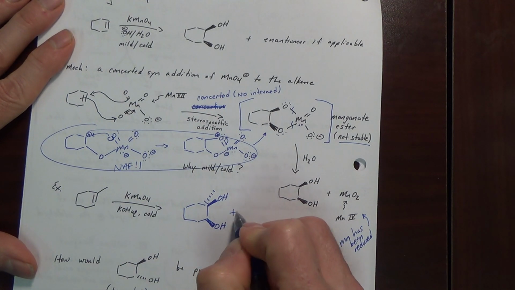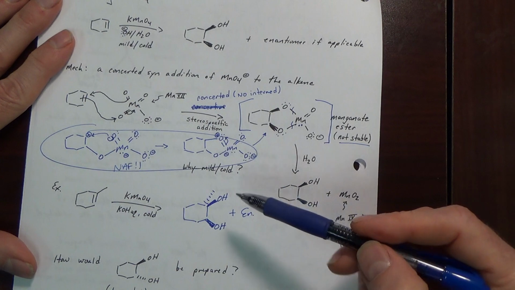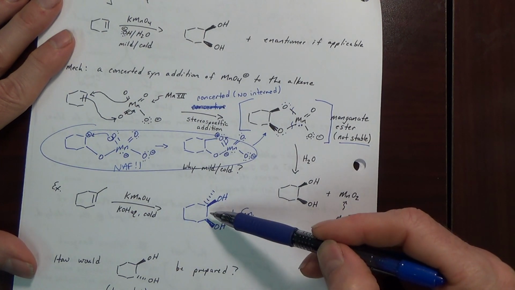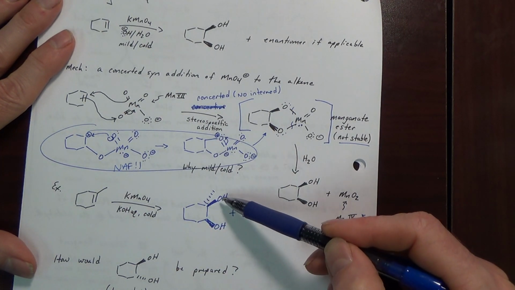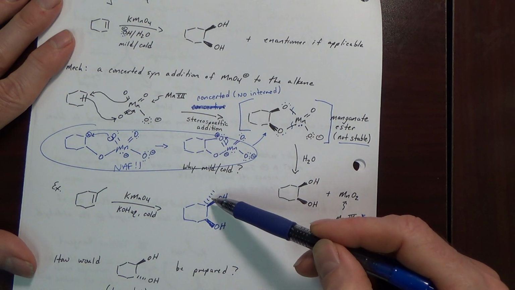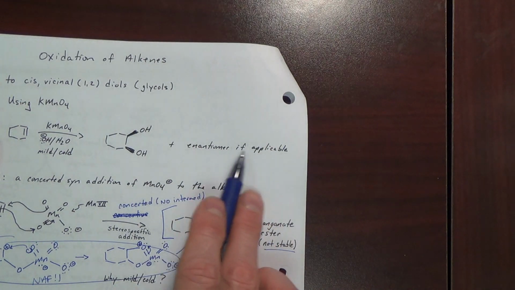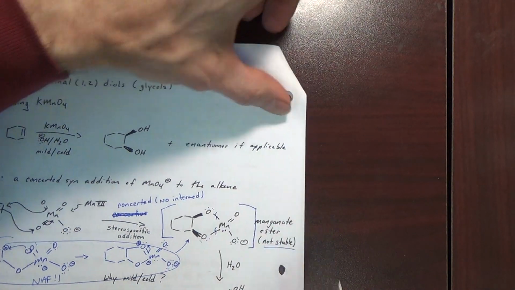But in this case, we would also get the enantiomer, because this is a chiral product. The enantiomer would be where both OHs, they're still cis, but they would both be back, and the methyl would be forward. Okay? In this case, an enantiomer was possible.